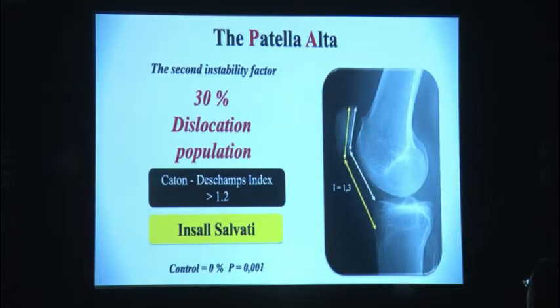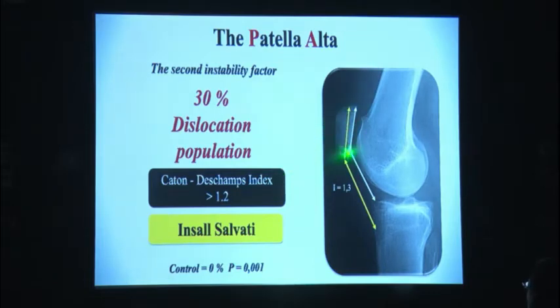The second risk factor is the patella alta. You need to use an index, and I will tell you that the Caton-Deschamps index, the white one, is the best for doing surgery, because when you measure the Caton-Deschamps, you know that you have a ratio, and if it's 8 millimeter too much, you distalize 8 when you do surgery, and it's very precise, and you will not have any overcorrection or undercorrection.